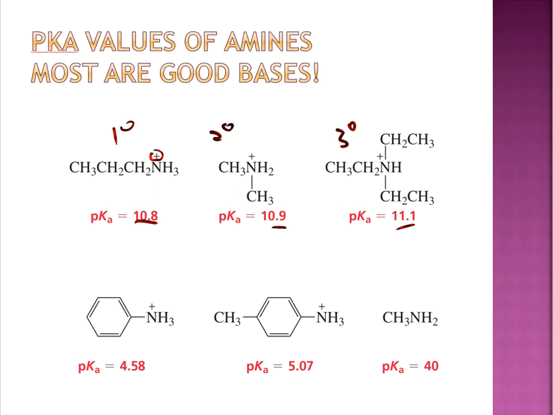Can we get them to react and do stuff? Sure, yeah, we can do it. But they're going to be much more stubborn than the other groups so far. Down here below, we see protonated amines again in the first two examples. Those are protonated. I see the positive charge.